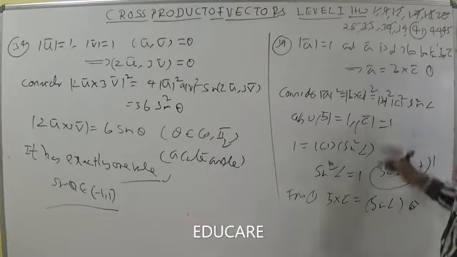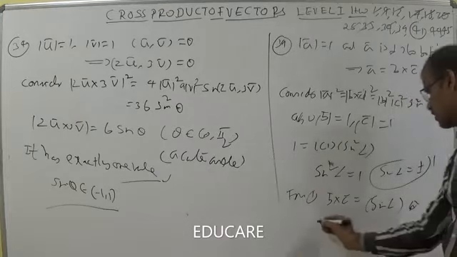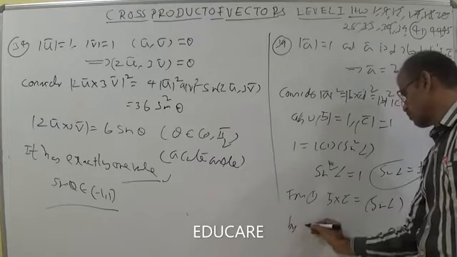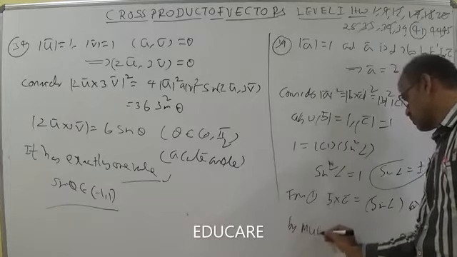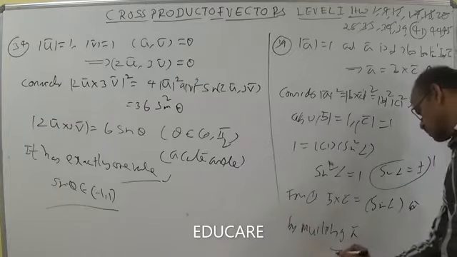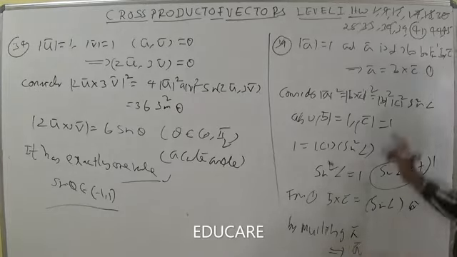A is equal to B cross C. If you multiply with A bar dot A bar, from 1 by multiplying A bar, that implies A bar dot A bar, taking modulus, so mod A square.